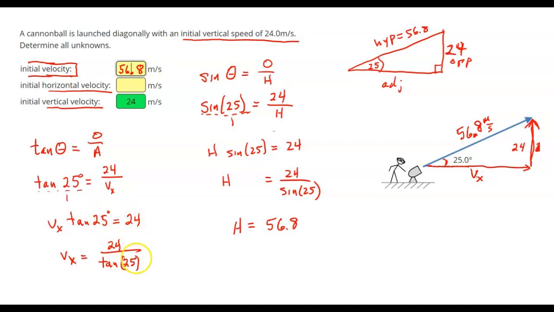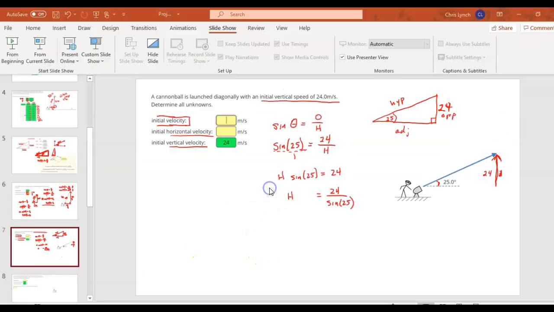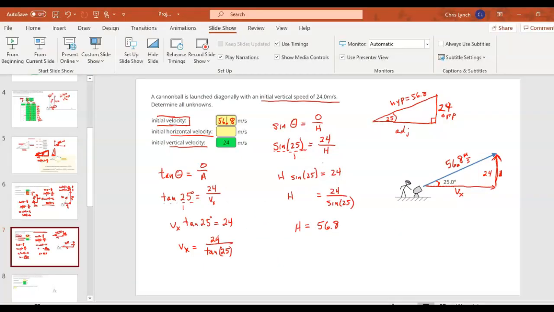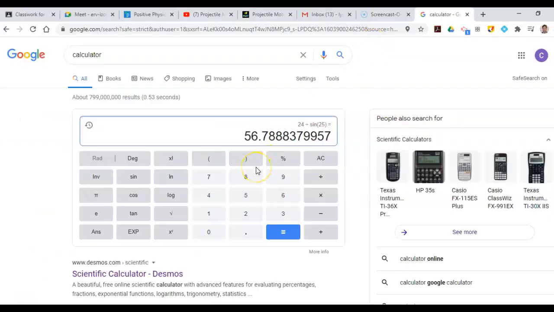And we can now use our calculator. So let's go do that. So it's 24 over tan 25. So we go to our calculator. So 24 divided by the tangent of 25 degrees. And that equals 54.46.